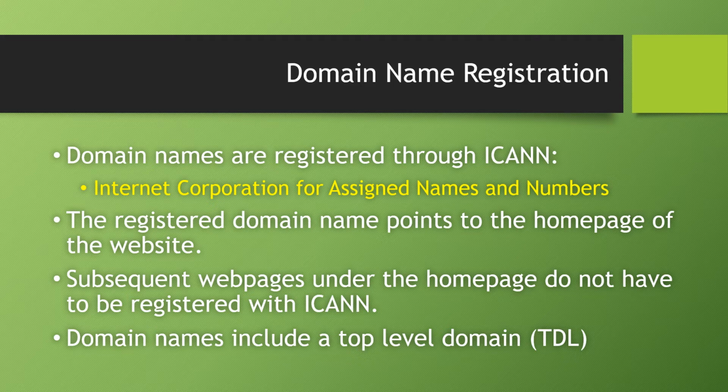So they're assigning the name to the DNS server so it can be located, and that's the organization that controls that. Other websites under that domain name do not have to be registered, just the top one. So that's called the top level domain. And we'll look at that a little closer now.